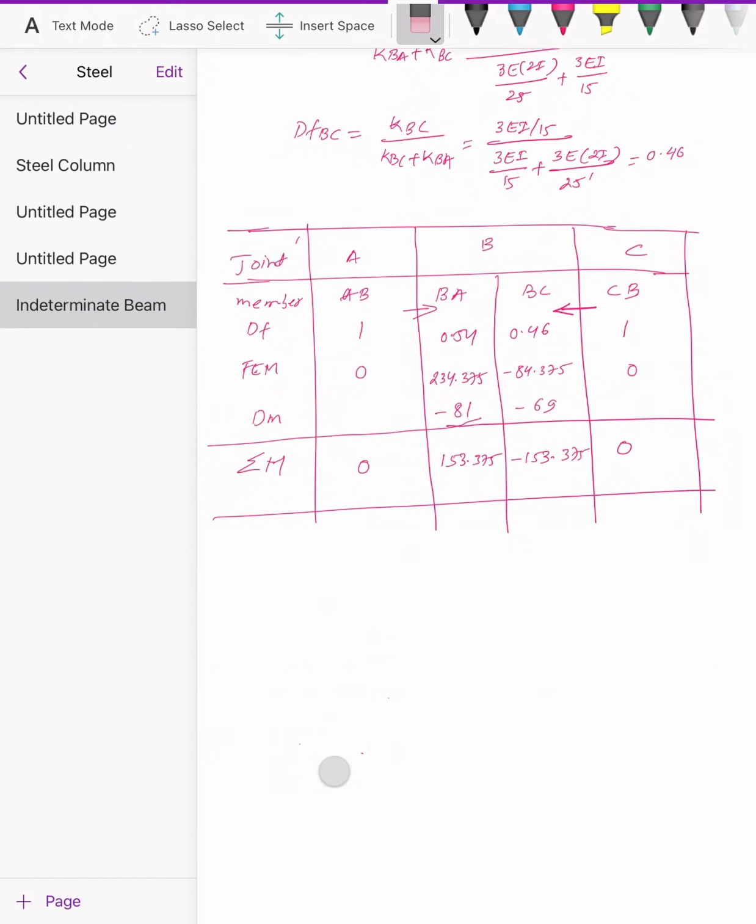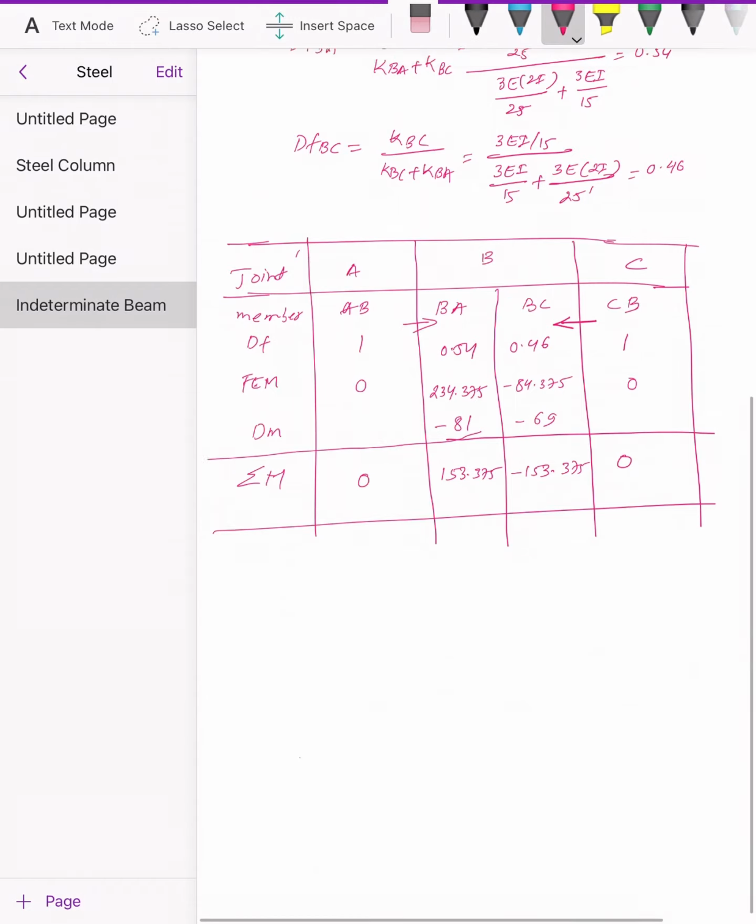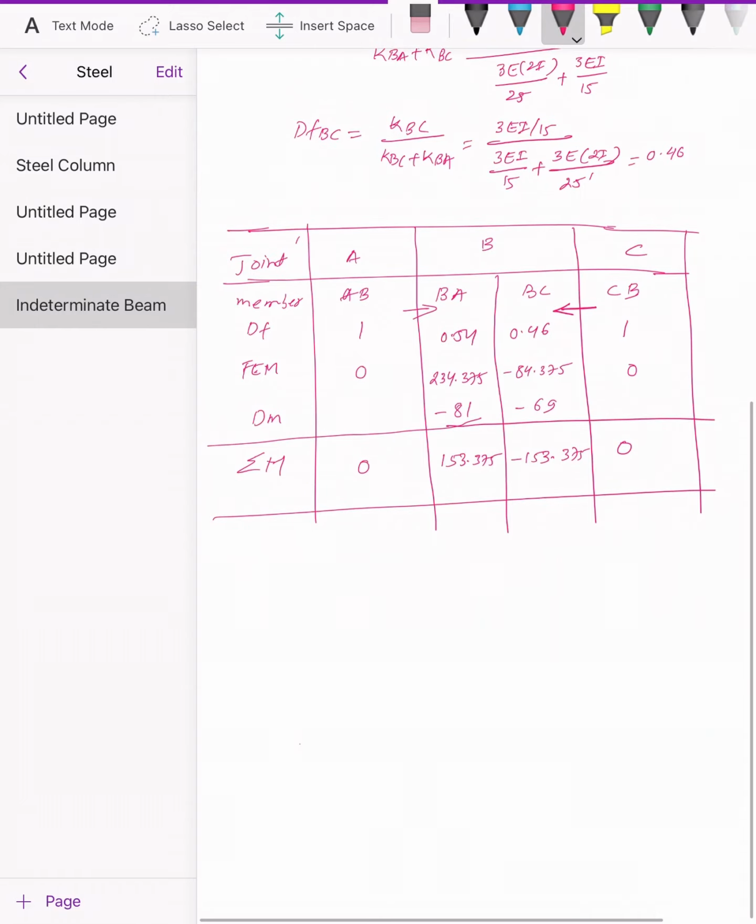Now, once you find the moment, you can break down the structure, and this is our support, right? Let me check. We have the loading, that's 3 kip per foot, the same here.